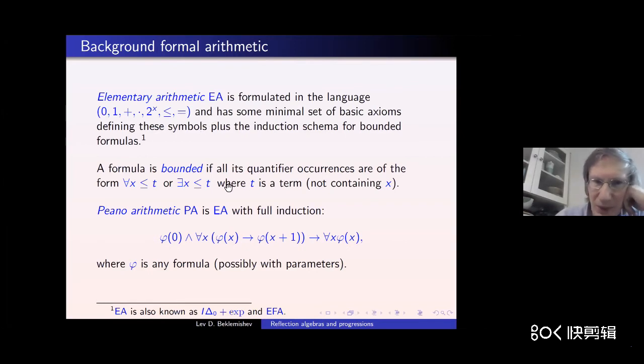Whereas in Peano arithmetic, we allow arbitrary formulas expressible in our language, also with unbounded quantifiers, in the induction formula. So Peano arithmetic can be seen as an extension of EA with full induction, where phi is any formula possibly with parameters. So those are the two basic formal systems that we deal with.